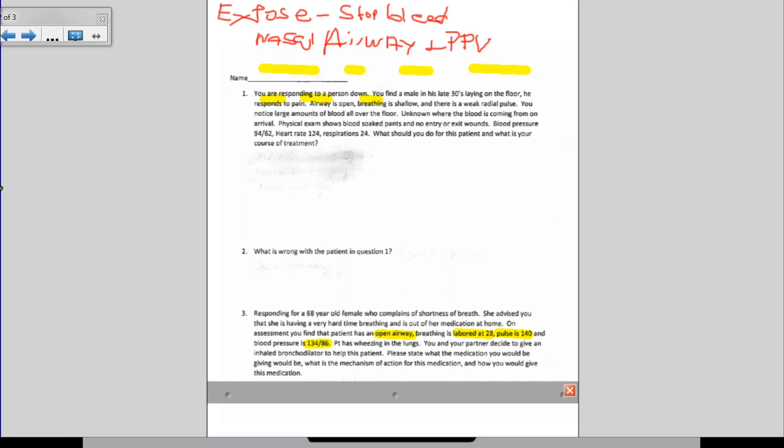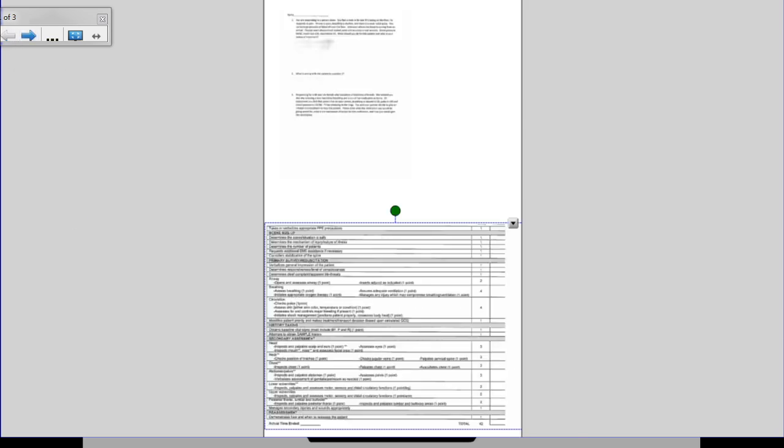Okay, and now we will prioritize this patient. We will make this a high priority patient just due to the fact that during our primary assessment, the patient has a labored respiratory rate of 28. It's not normal, and the pulse rate is not normal either, and therefore we'll make it a high priority patient.